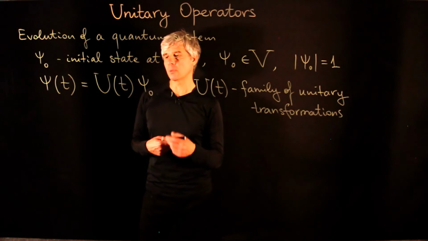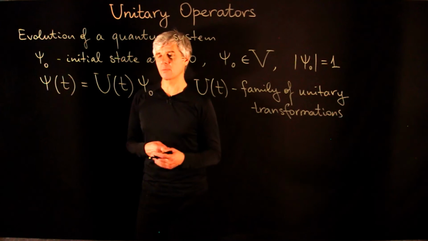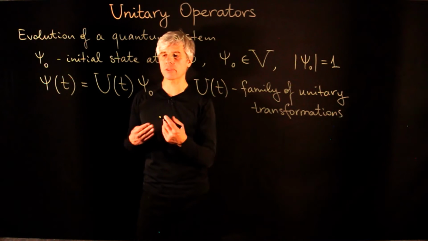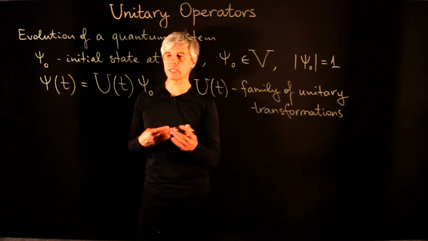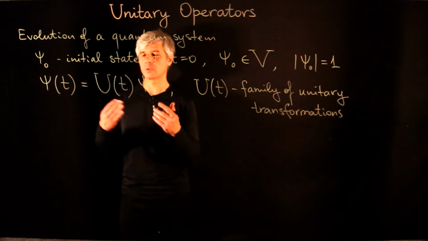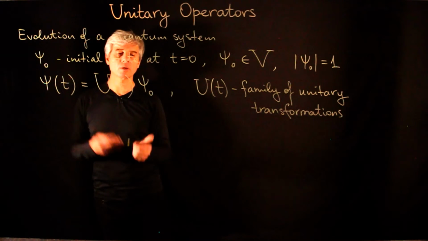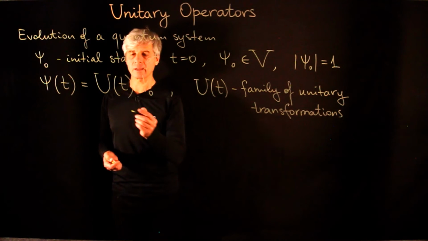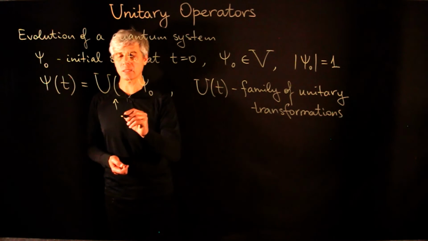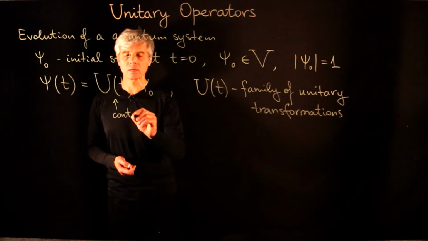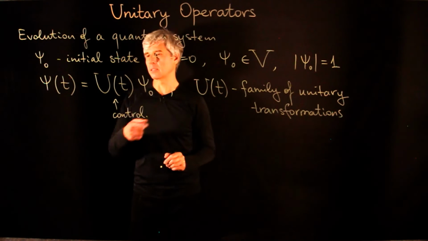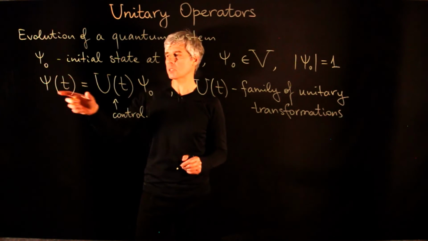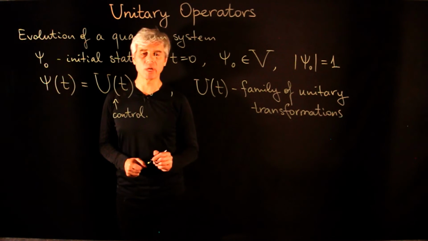And depending on the intensity and the length of this laser impulse, the evolution of a quantum system will happen differently. So this is the thing that we can control here. Right? And we want to control evolution of a quantum system in some prescribed way.